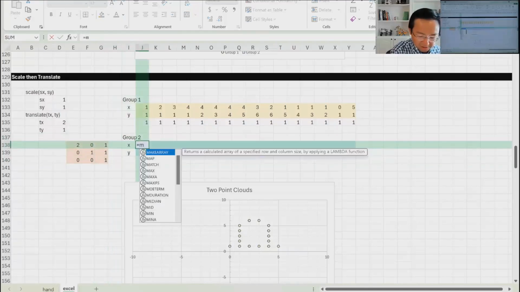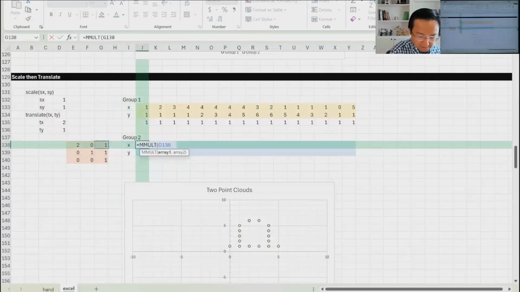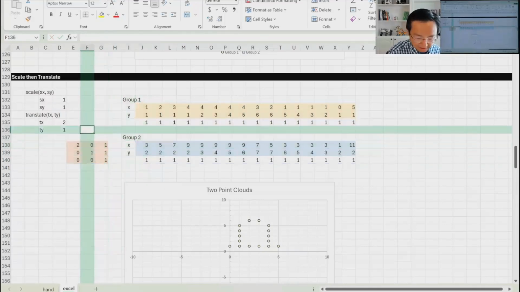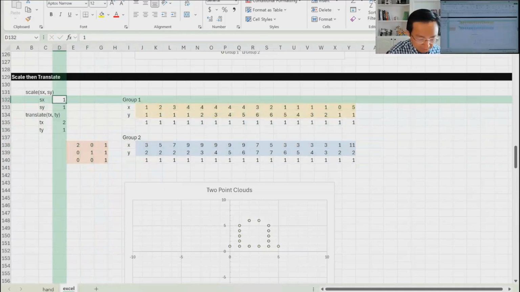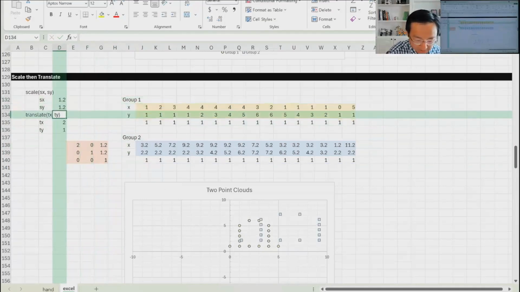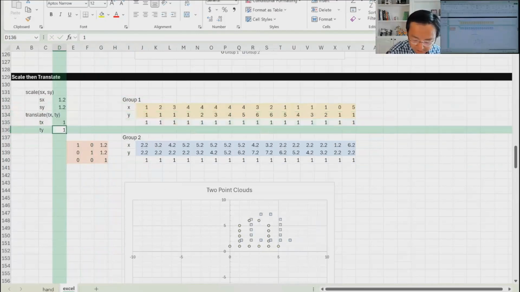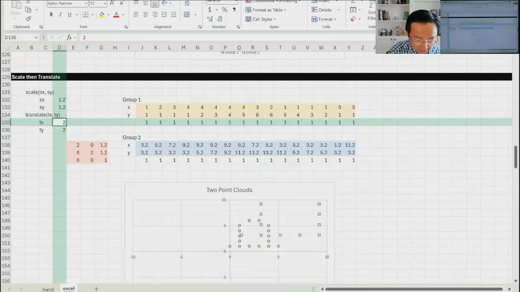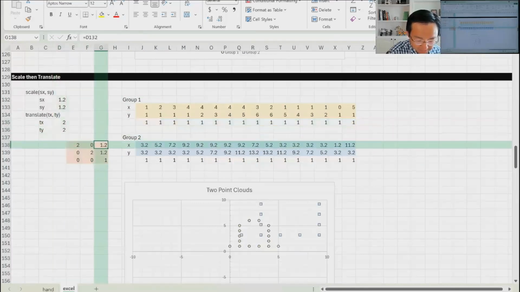Now all I have to do is add my matrix multiplication formula, multiply my transformation matrix with my input point, and then we can derive the new point. Now I can change it a little bit. Let's scale to 1.2 so it becomes slightly bigger, and translate like this. Translate 1, 1, 2, 2. Actually, no, I got the opposite. Sorry, I need to fix it.